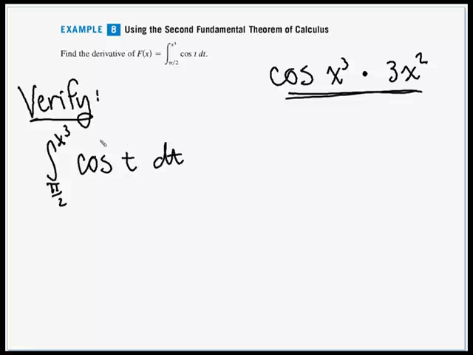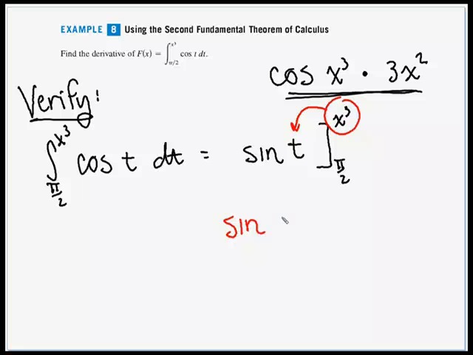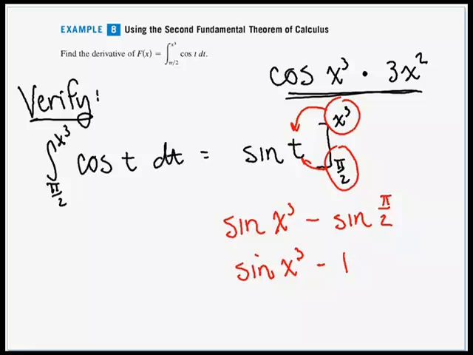What is the antiderivative of cosine? Of course, that's sine. The sine of t from a half pi to x to the third. So plug in the upper limit: sine of x to the third, minus, plug in the lower limit, sine of a half pi. And what is the sine of a half pi? 1. So we're going to have the sine of x to the third minus 1.